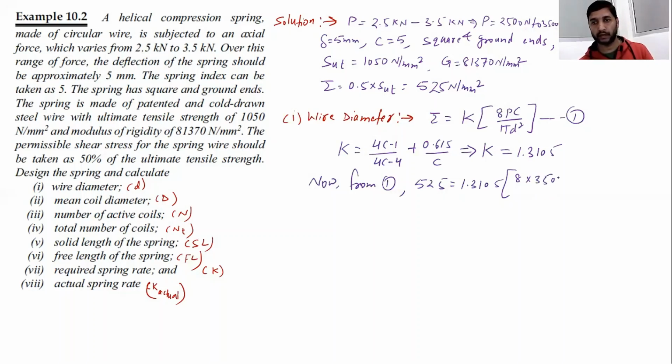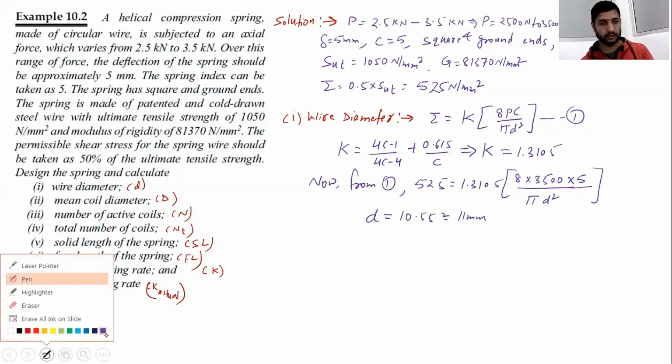So P यहाँ पे याद रखिए 3500 Newton रहना आपको, into C is 5 divided by pi d square. Now there is only one unknown, that is d. So from here your d will be 10.55, approximately equal to 11 mm. So this is the first answer.